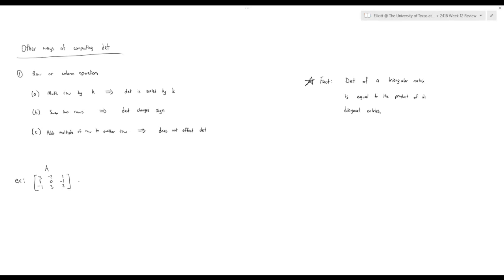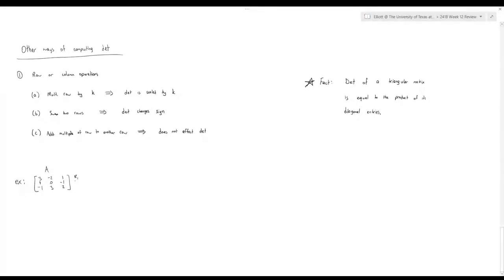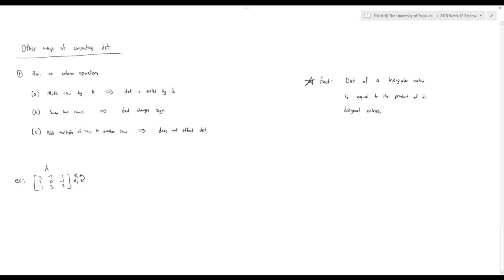I'll do a couple of things to do that. First, I would like to have a 1 as a pivot, so I might swap rows first. Let's say I'm going to swap row 1 and row 2 right now. I'm going to swap the two of them.